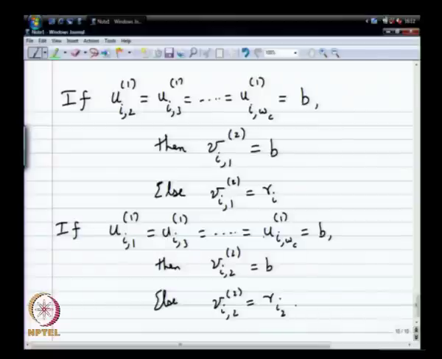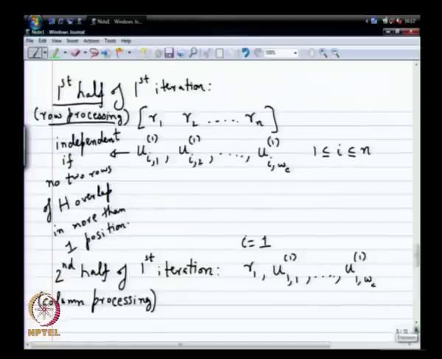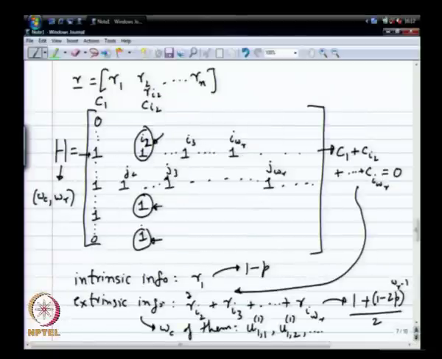If you want, we can go back once again to this picture. What is actually happening here is, for the I2th bit, if I want to update this guy, I will see the estimate that I got from the first row and the estimate that I got from the third row. If they agree, I will set the new value to be that agreed value. Else I will simply reuse Ri. Alright, reasonably clear, maybe.